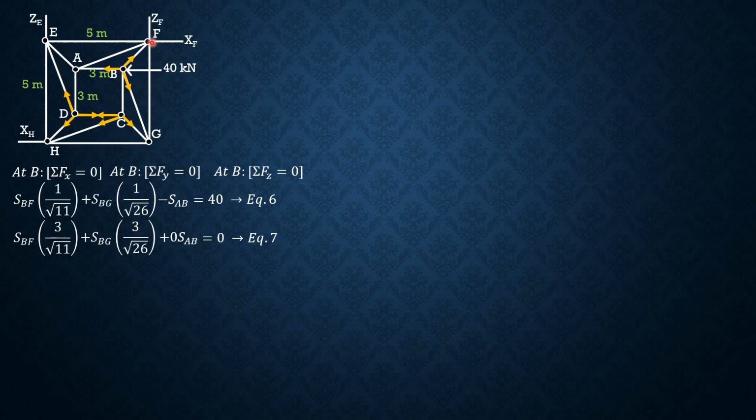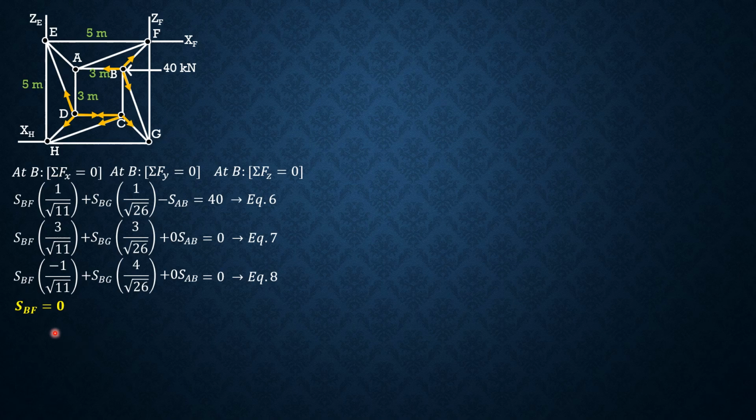So SBF is negative because this is the positive direction for Z. So negative SBF times 1 over square root of 11, plus SBG times 4 over square root of 26. Then that's it. SAB has no z component, so plus 0 SAB equals 0. So equation 8.